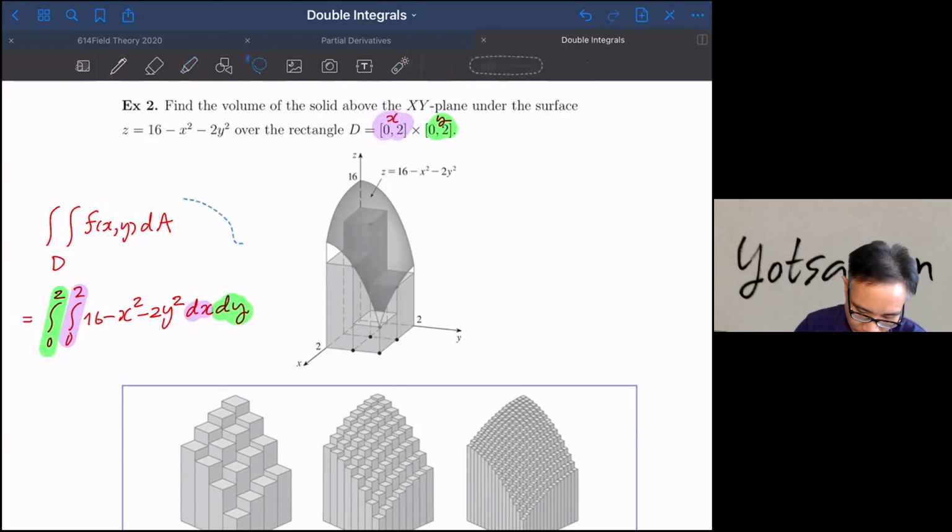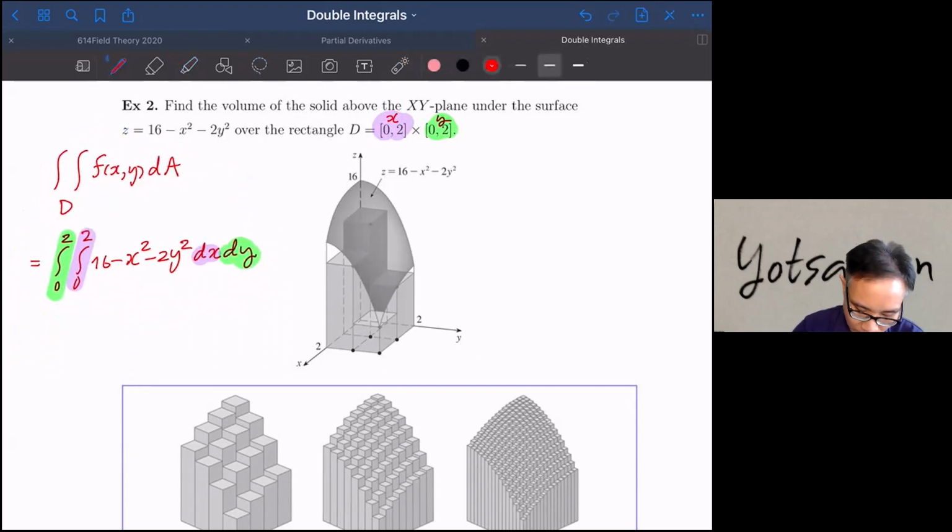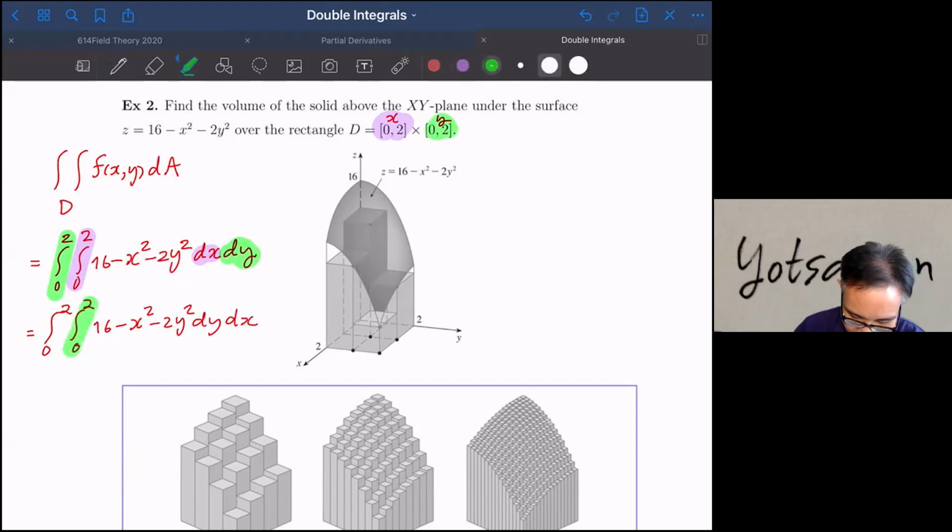Another way is to interchange the order to dy dx. However, the boundary is exactly the same, 0 to 2. So I can have the green inside and the purple outside.